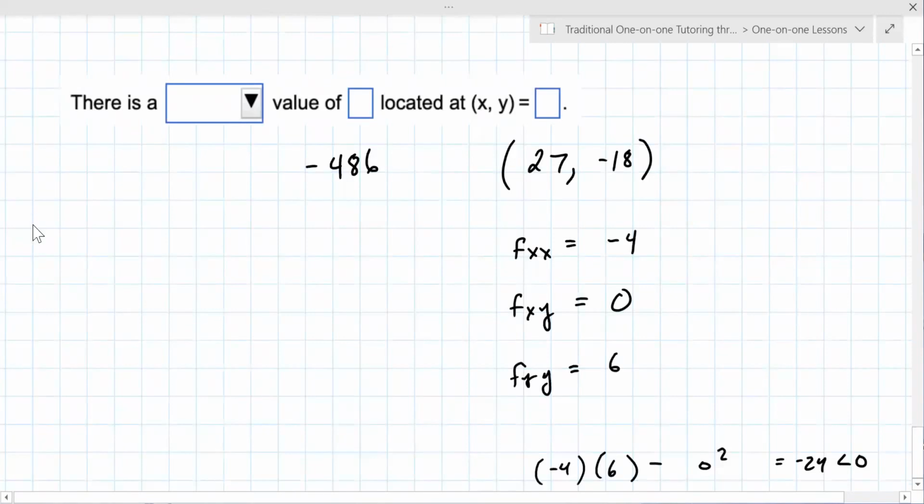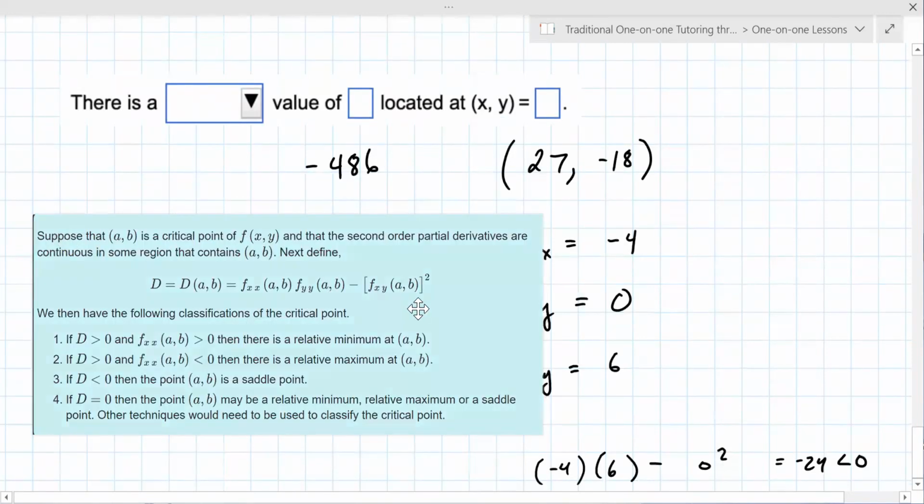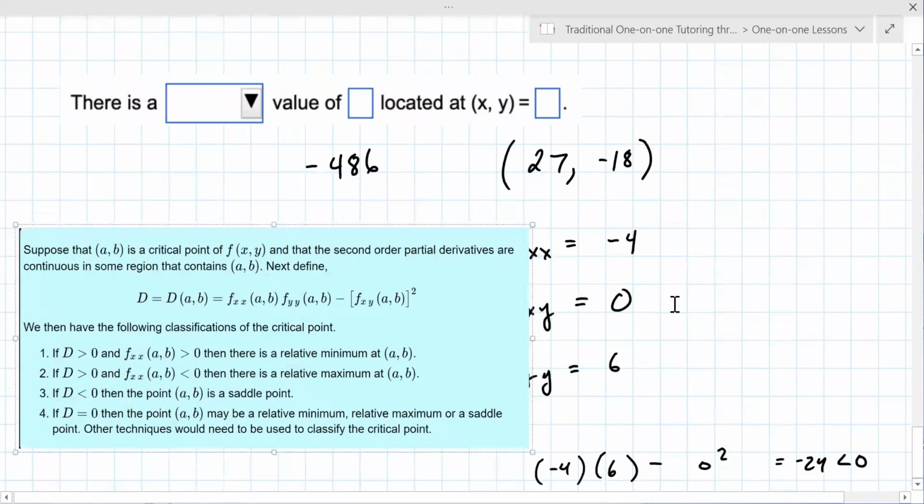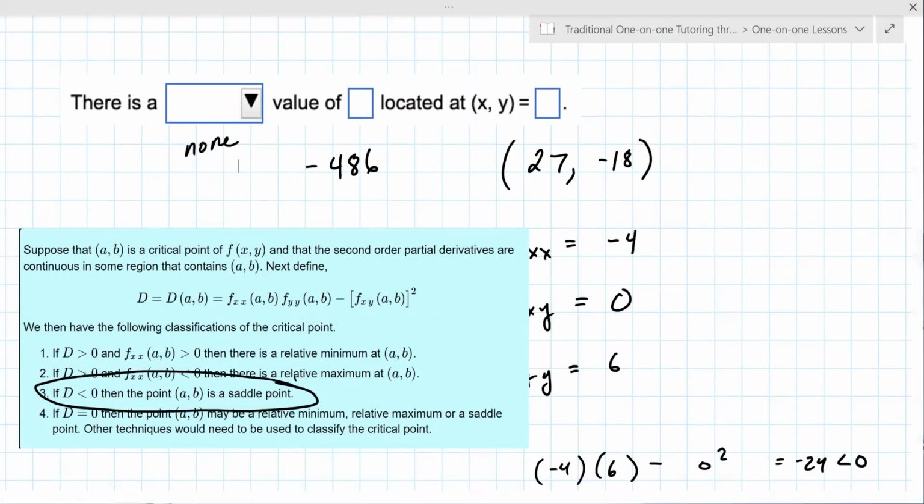Let's put this in here. So again, you got to know this table. Negative 4 times 6, minus 0 squared. Okay, so it looks like it's a saddle point. So that means I guess it's none. Which I don't quite follow, but okay. That's what it says. We'll go with that.